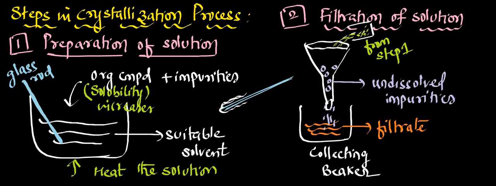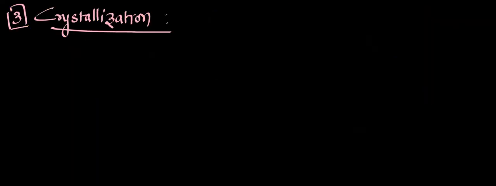So in step 2 we get a filtrate. There is a chance that the filtrate will have some dissolved impurities as well. We'll separate those in the third step. In the second step, we just remove the undissolved particles. Any dissolved impurities we separate in the third step, that is the crystallization process.